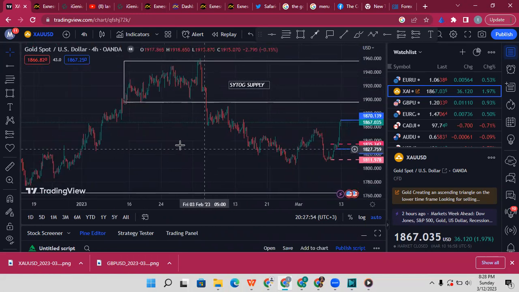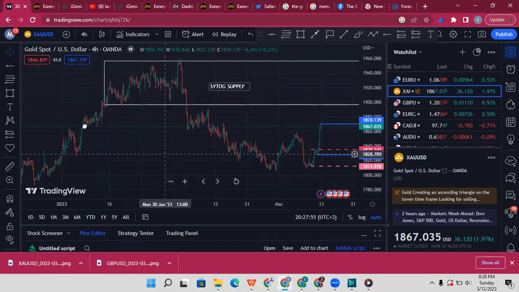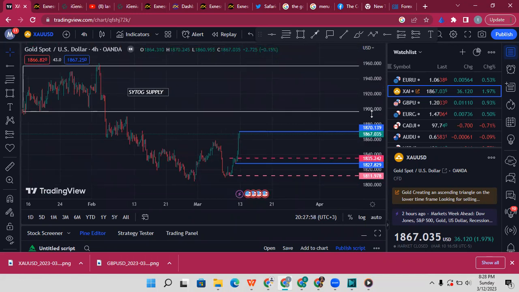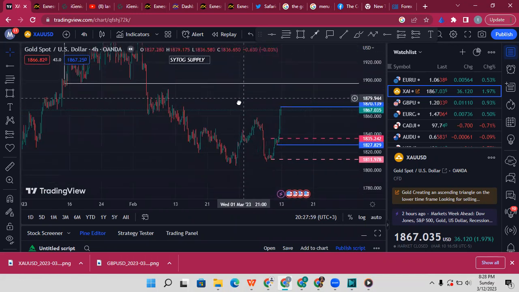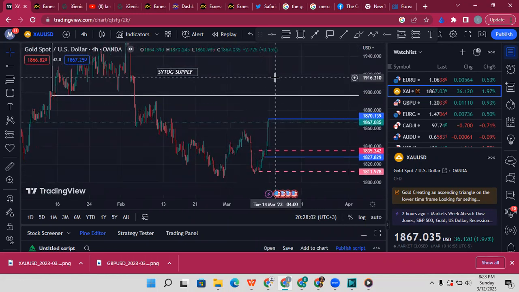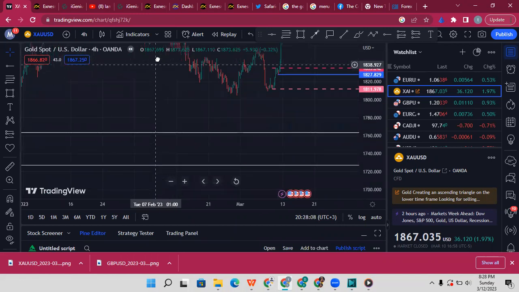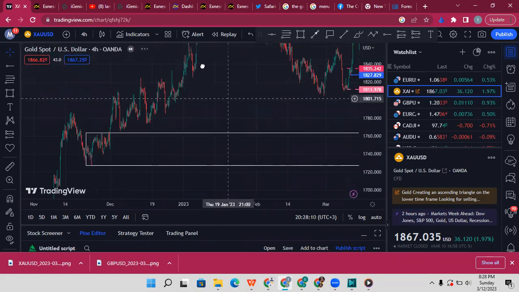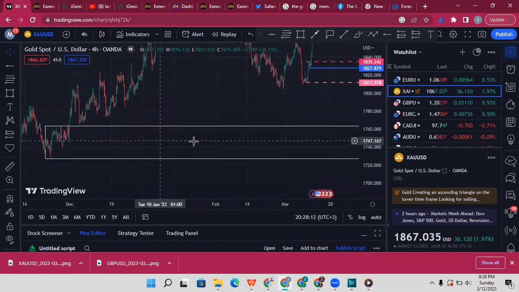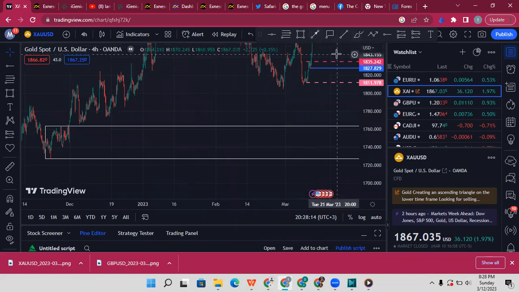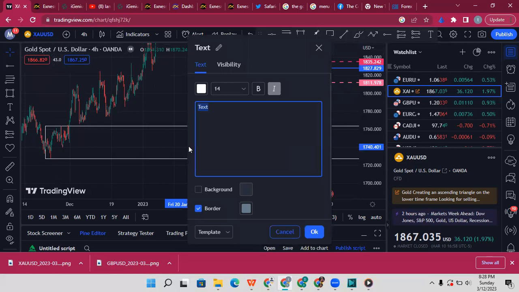Just picture that you're watching this carefully and keenly, because you really want to understand this concept. So anytime price gets into this level, we'll really be able to see a reaction on it. Anytime also price gets into this level, this will be a strong demand.